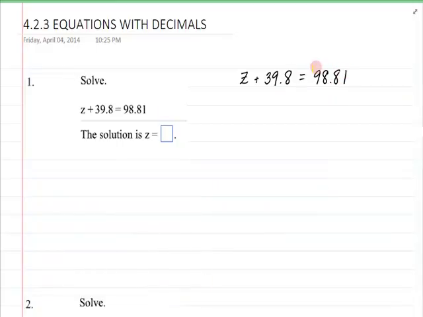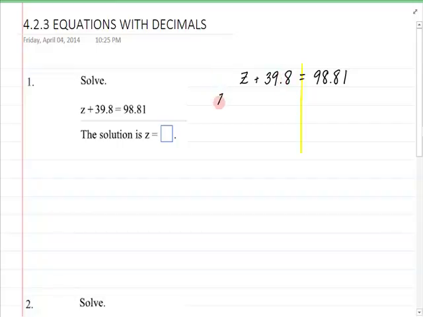All right, remember that an equation has two sides with the barrier through the equal sign. Go to the side that contains the variable or the letter that you're solving for, and you want it by itself. Check and see what's going on. They are adding a number to it.